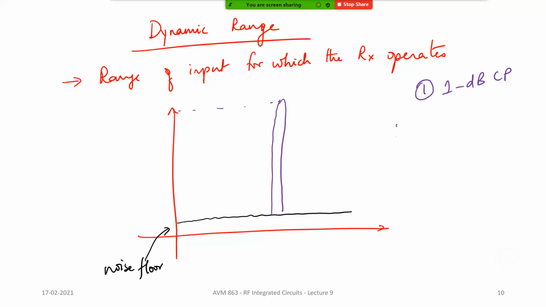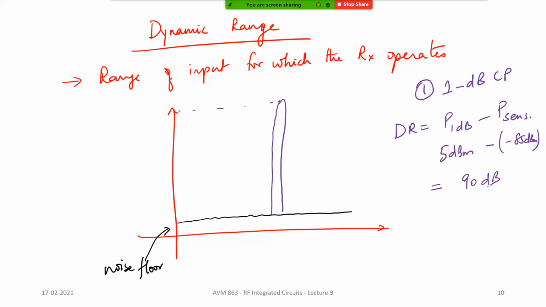So dynamic range in this case can be written as P1dB minus P sensitivity. Let's say the 1 dB compression point at the input is, for example, 5 dBm, and the sensitivity is minus 85 dBm, like we saw in the previous example. In this example, the dynamic range turns out to be 90 dB.